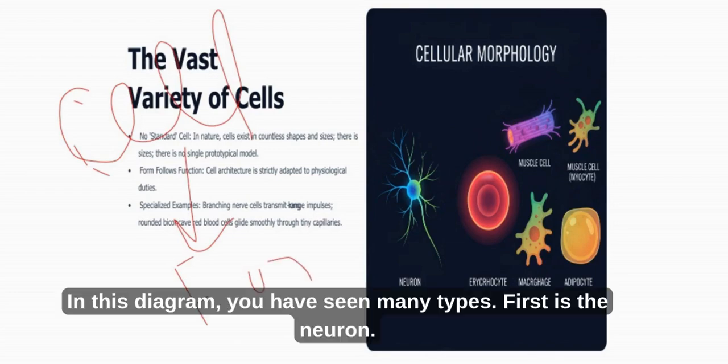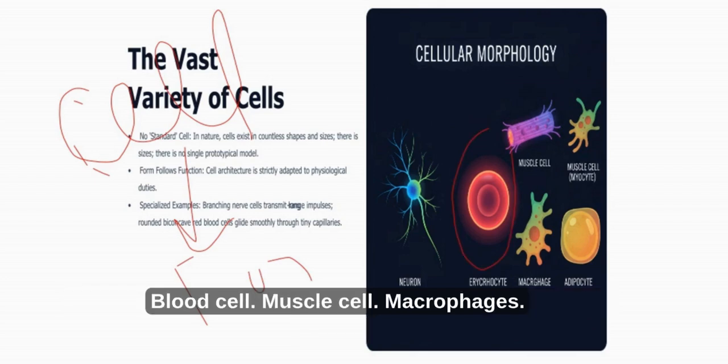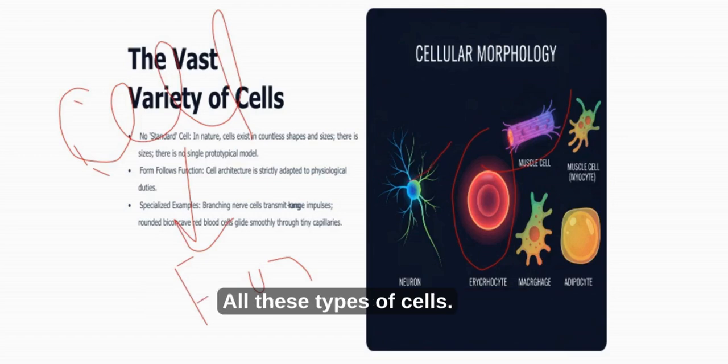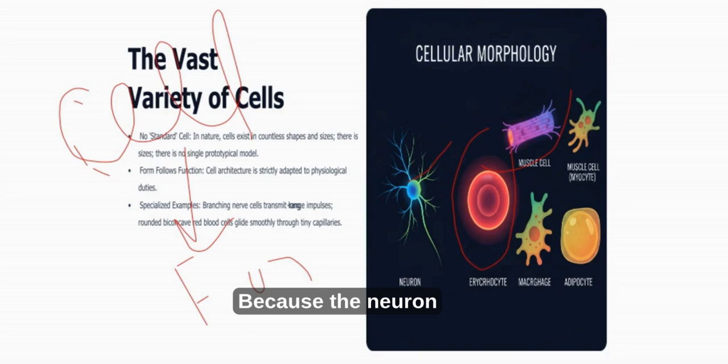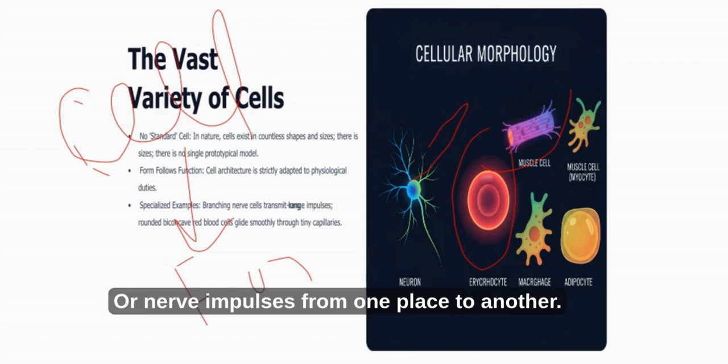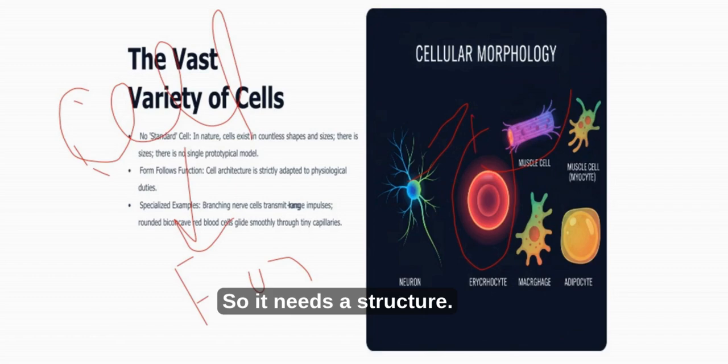There are many shapes of cells according to their function. Here in this diagram, you are seeing many types: first is the neuron, blood cell, muscle cell, macrophages. All these types of cells have their own function. Like the shape of the neuron is branch-like because the neuron has to transmit messages or nerve impulses from one place to another, so it needs a branching structure.